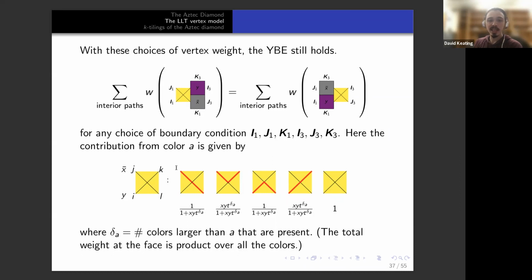And for color A, when a path is going down and right, which was the important bit before, now instead of getting a 1 over 1 plus xy, we're going to get a 1 over 1 plus xy times T to the number of larger colors that are present, which for us will be all of them. So it'll just be T to the number of larger colors. So this is what's going to contribute to the partition function, this little bit here.